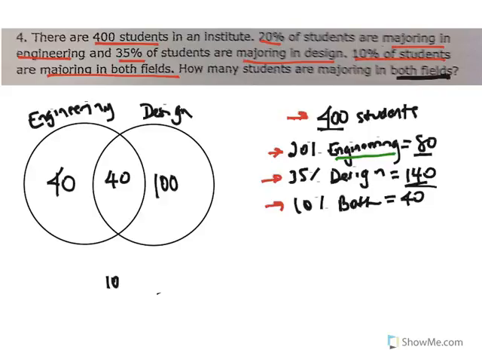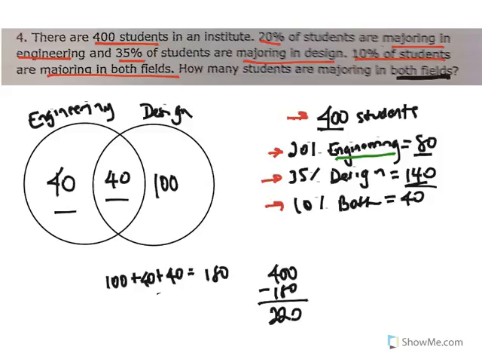So I have 100 plus 40 plus 40 equals 180. There's 400 students total. And I get 220 students that are not included in any of these categories. So I have 220 students that are neither design nor engineering majors.